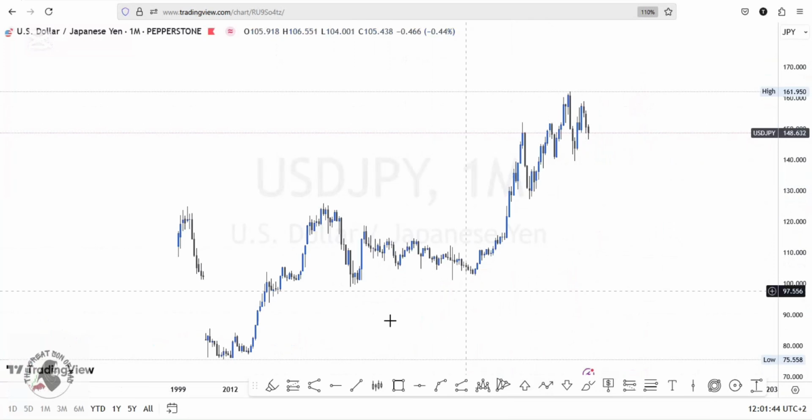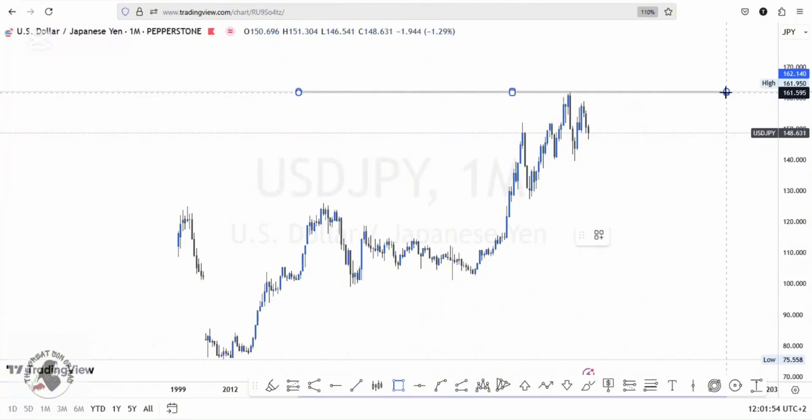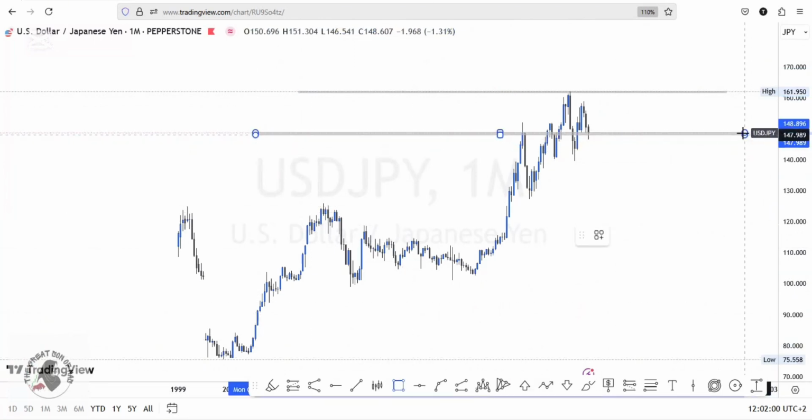Even if you zoom the chart, you can see this is the same as 1 week of an index. But this one is 1 month. So we have a highest point and a current lowest point, which is this point here.